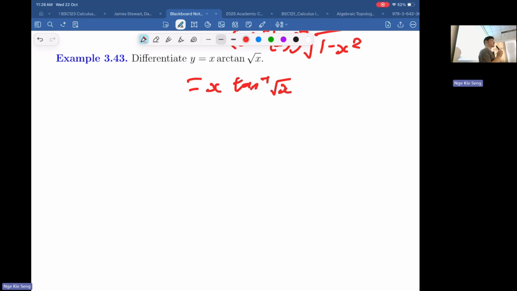There's a polynomial times an inverse trig. Hisham, what rule should you use here to differentiate a product? Product rule. Okay, so you just use the product rule on this question.